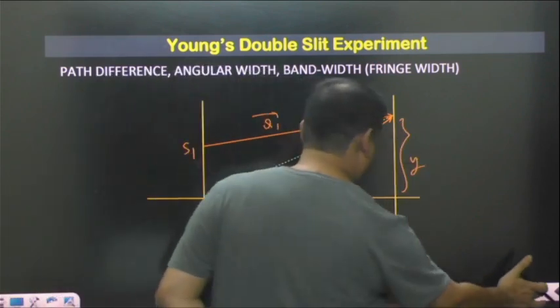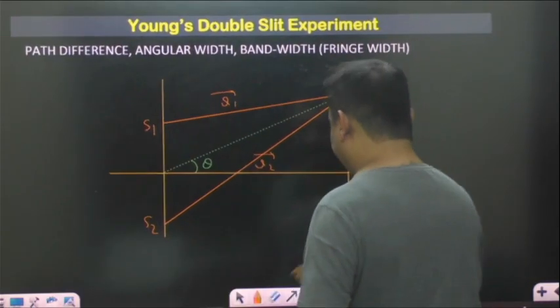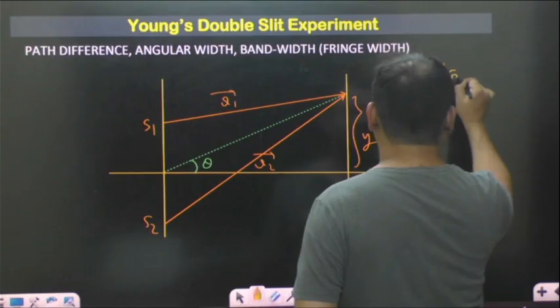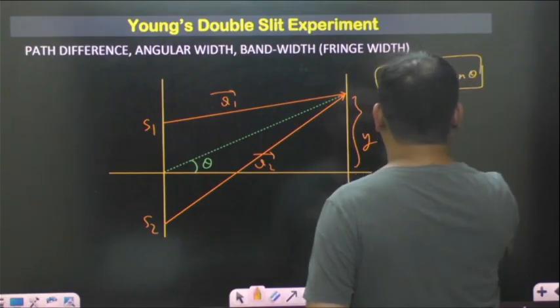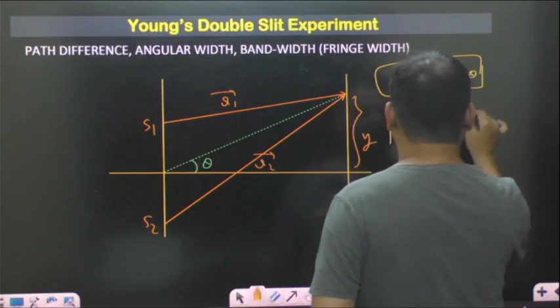So we have seen some of the formulae which we will have as FTPs, fingertip points. The path difference came to be d sine theta, number 1. The value of tan theta is y by D, number 2.